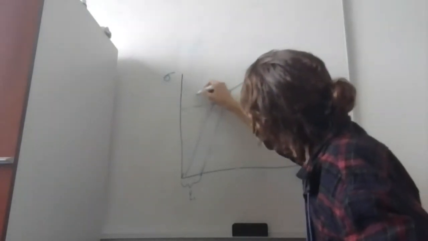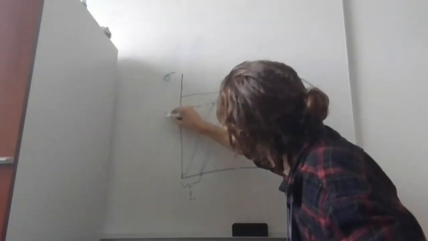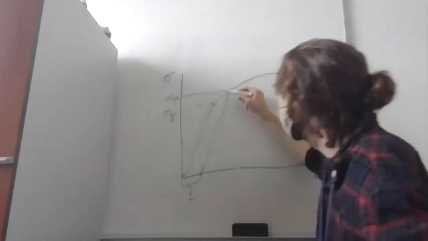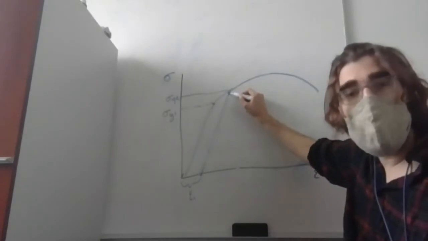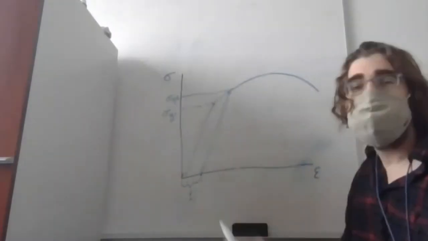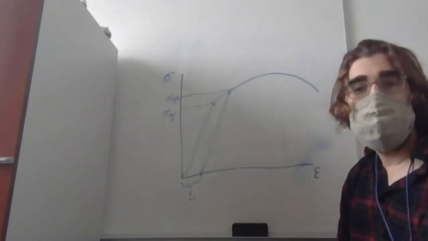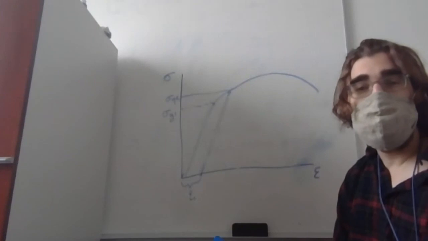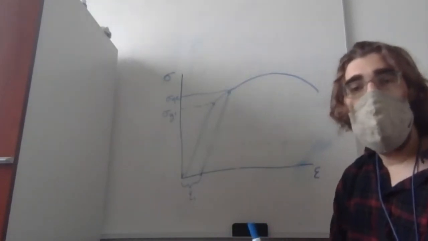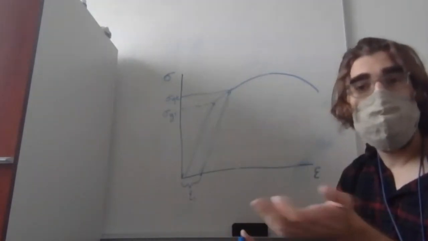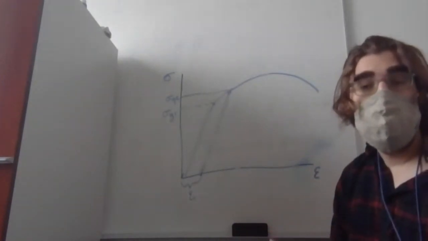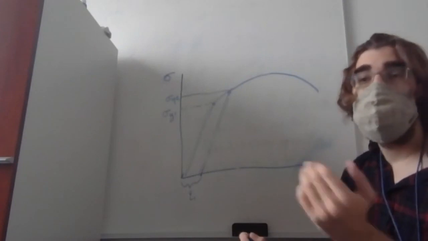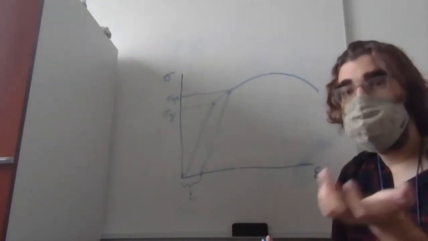And what ends up happening is that the yield point is now much higher after we introduce plastic deformation. So as a result of plastic deformation, our yield point is higher. So our material is now stronger, right? And when our material is stronger, it is better.